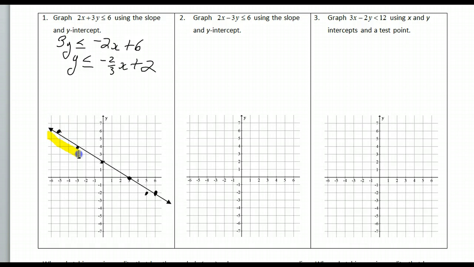I'm going to shade below the line and highlight that area. So this region, the yellow region, including the line, is the solution region.